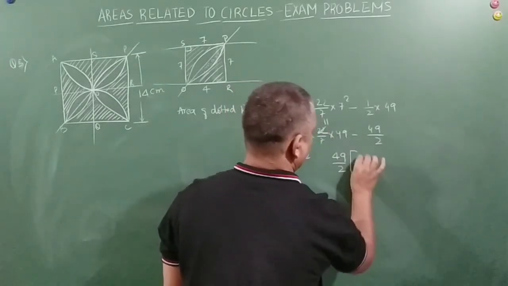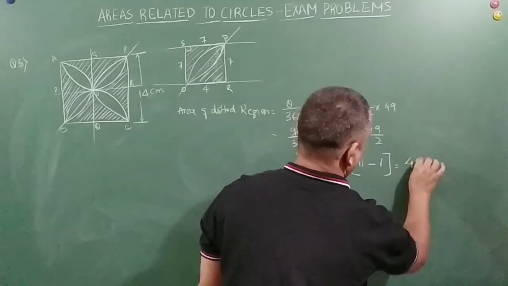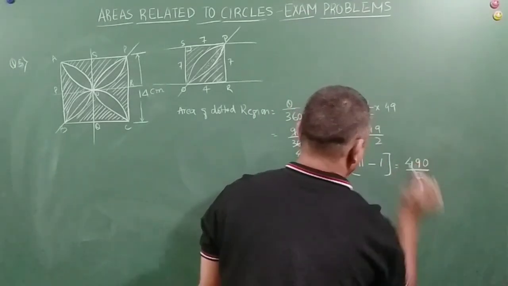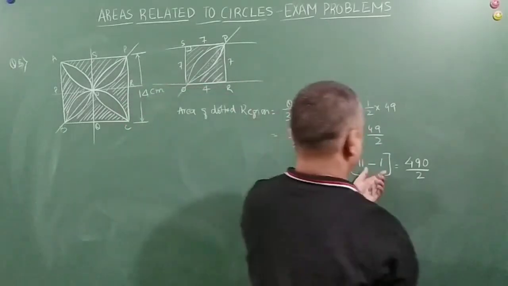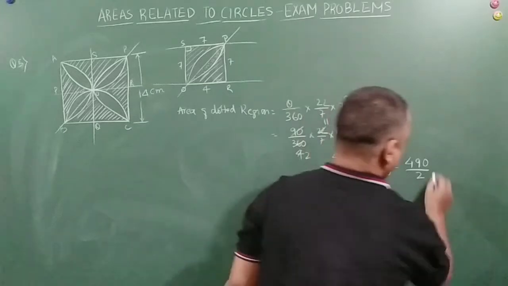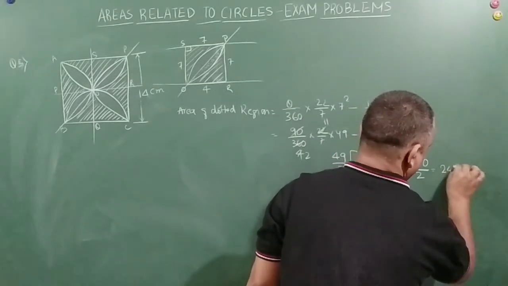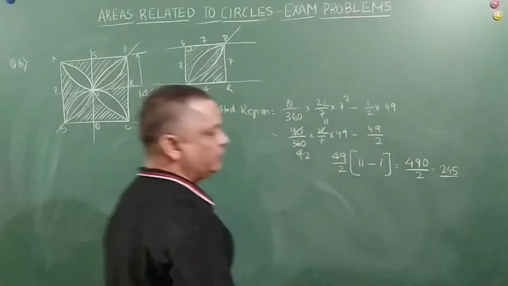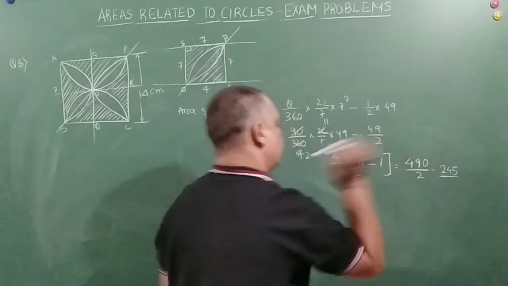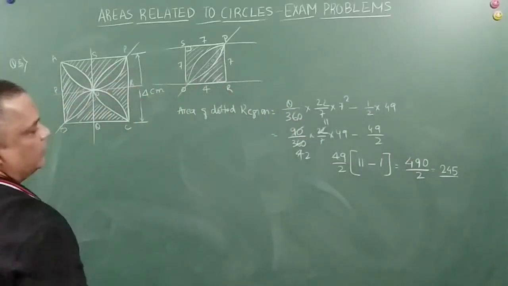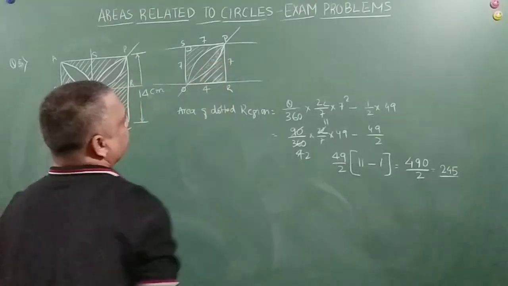This leaves me with 11 minus 1. That is equal to 490 by 2, because this is 10. 490 by 2, which is equal to 245. You are getting it? Correct. Now, this area of the shaded region is 245. I am talking about this dotted region.